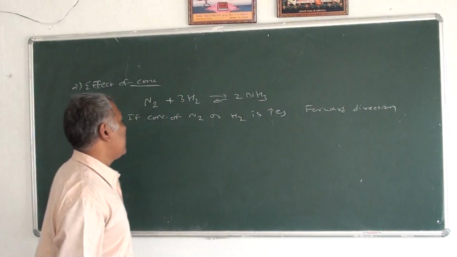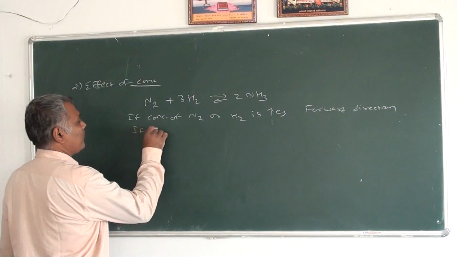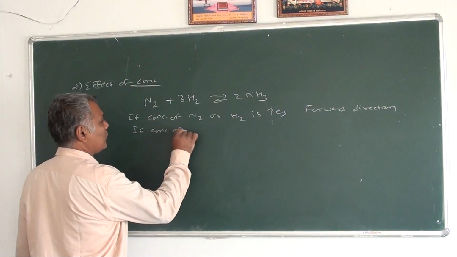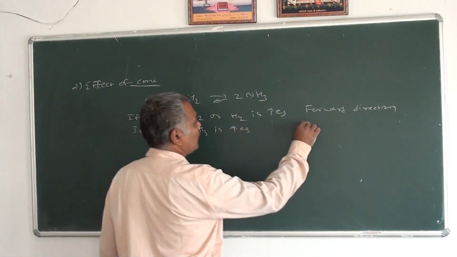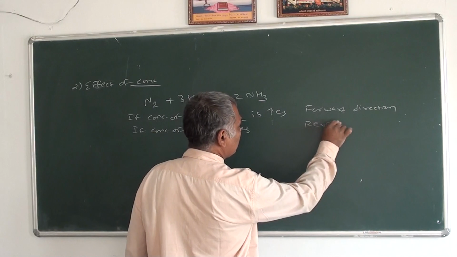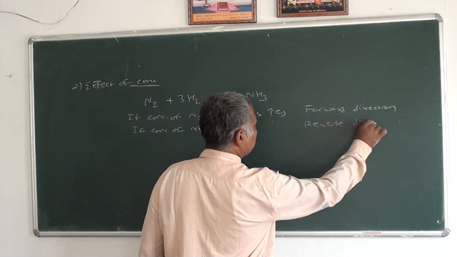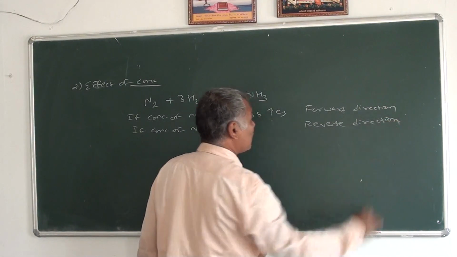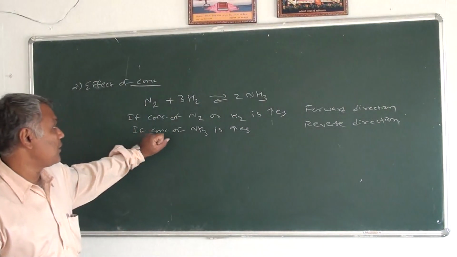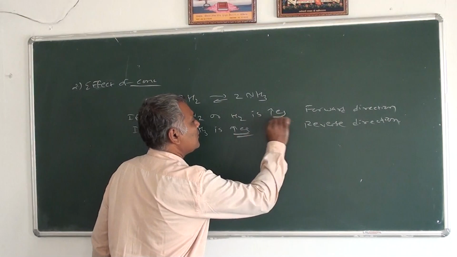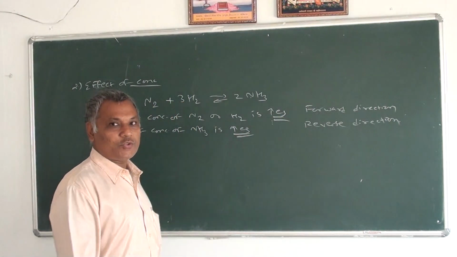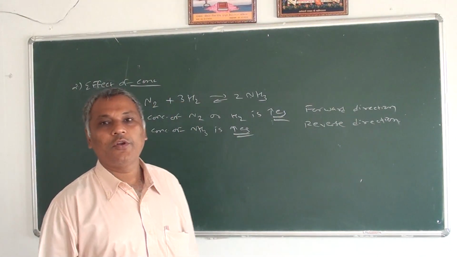If the concentration of NH3 is increased, it will go in the reverse direction. Right? In both cases I have put it as an increase, but still one is going forward, one is going reverse.